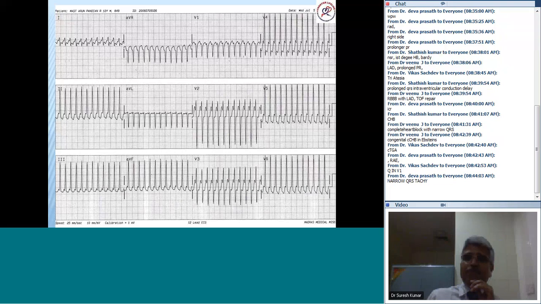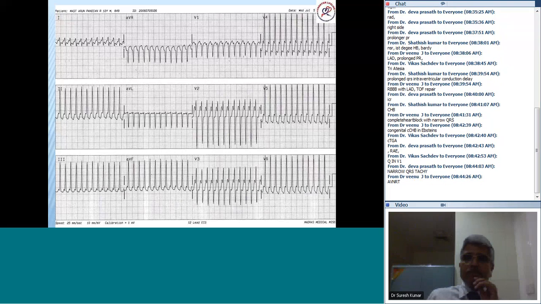It's a narrow QRS tachycardia. You could go further than that. We thought it is AVNRT.